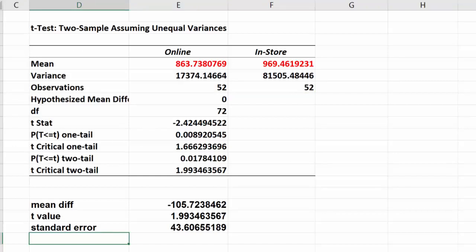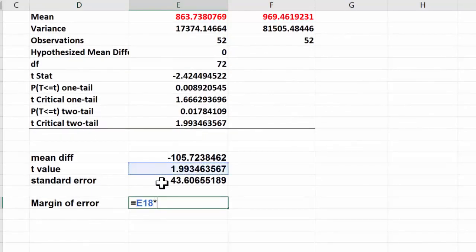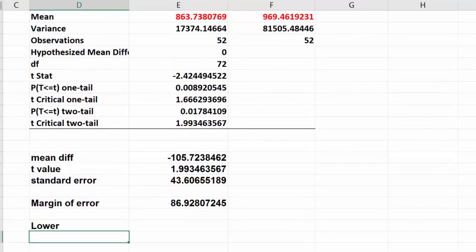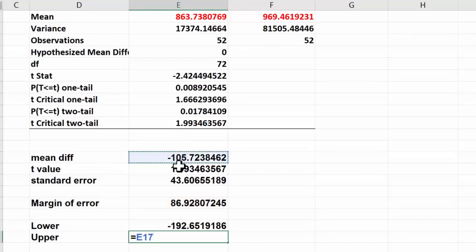Now I'm ready to calculate the margin of error. Margin of error is simply your t-value times the standard error. And now I'm ready to calculate the lower bound and the upper bound of the differences between these two channels. The lower bound is this value minus the margin of error, and the upper bound is this value plus.